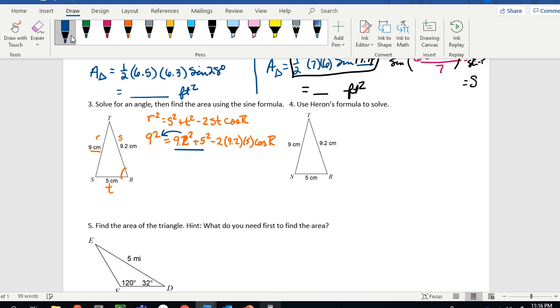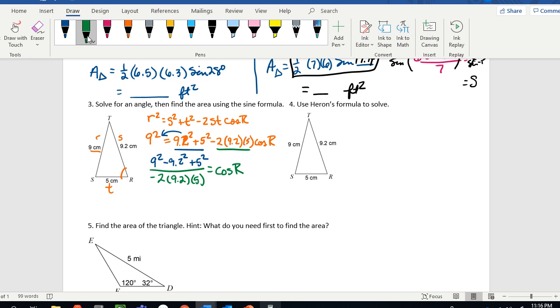So I'm going to move them over here. So that means I have 9 squared minus 9.2 squared plus 5 squared. Okay, now they're gone. Only thing I have left is all of this times cosine of R. So what I'm going to do is divide both sides by negative 2 times 9.2 times 5 equals cosine of R.